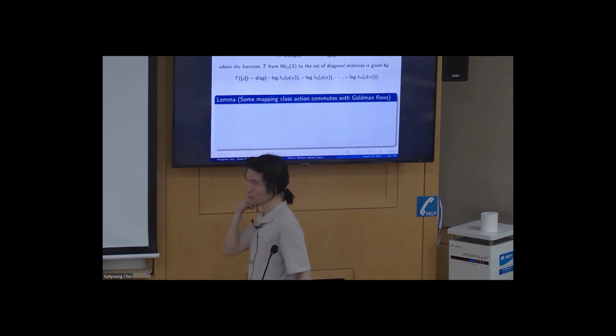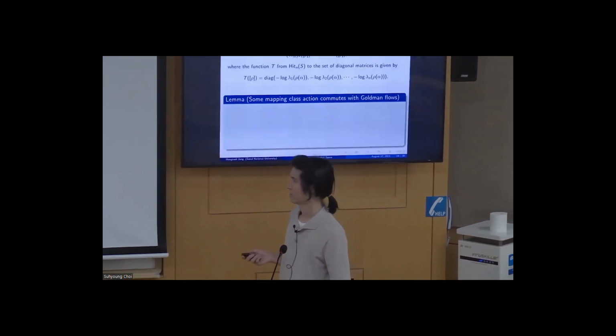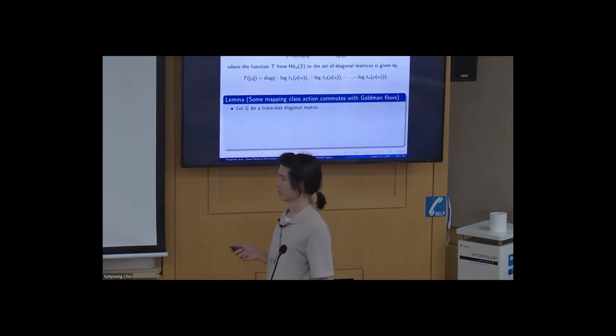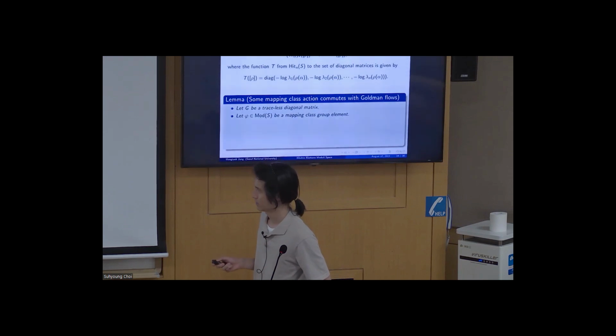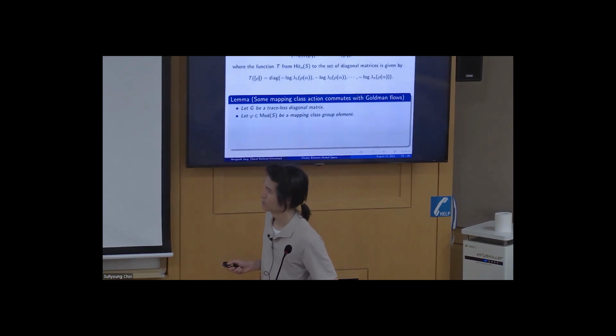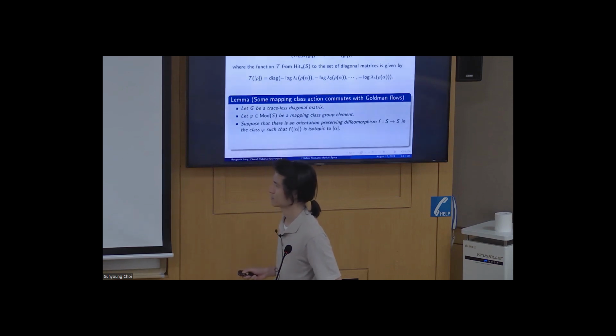I'm not going to prove this, but in some cases this mapping class group action commutes with the Goldman flow. So let's pick any traceless diagonal matrix that defines the Goldman flow, and let's pick a mapping class group element, and suppose that this element has a representative that maps our curve alpha to a curve that is isotopic to itself.